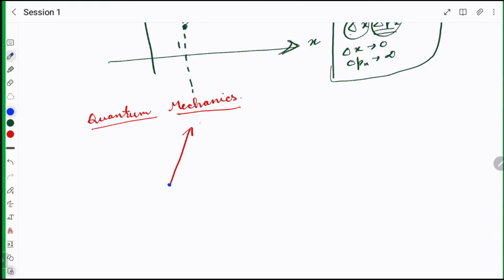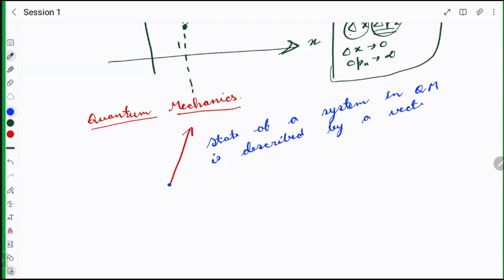So the state of a system in quantum mechanics is described by a vector in an abstract vector space.